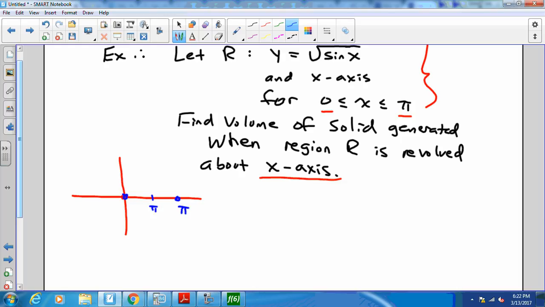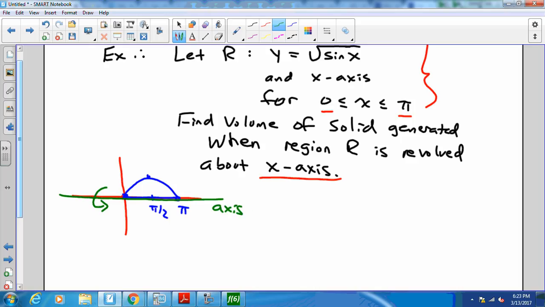And when x is equal to pi, y will be 0 again. And when x is equal to pi over 2, y is going to be 1, and so it's going to be positive in between. And so it looks, I don't know, something like a sine curve. It's going to be a little more flattened than a sine curve. And so this is our region from here to here.